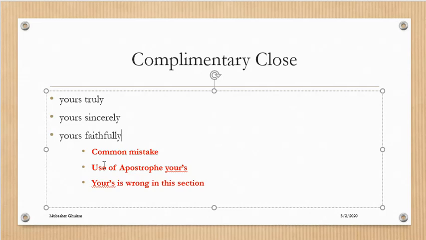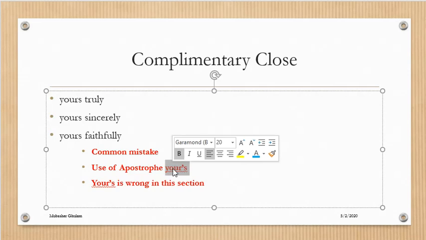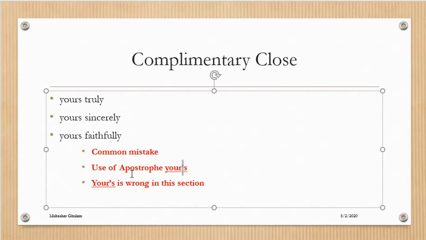Now, while we are using the complimentary close, what I have noticed is that mostly students make this kind of mistake: they use an apostrophe in yours. So in the letter, while you're using the word yours, you need not use this apostrophe. That's why I put this one in red color. So this is wrong. You keep it in small letters, and you need not put this apostrophe.